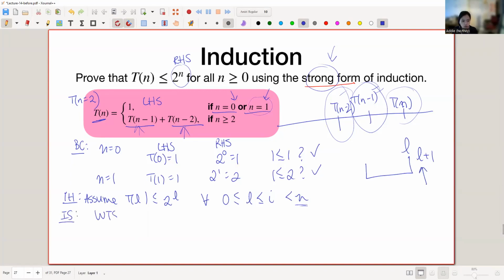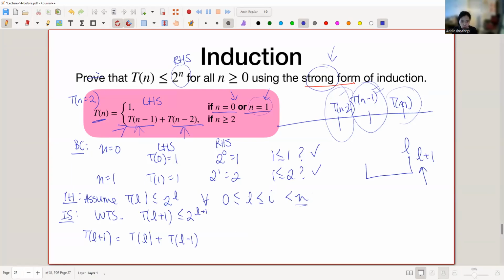We want to show that T of L plus 1 is going to be less than or equal to 2 to the L plus 1. So we'll start with T of L plus 1. T of L plus 1 is going to be T of L plus T of L minus 1. That's coming directly from the definition right here.